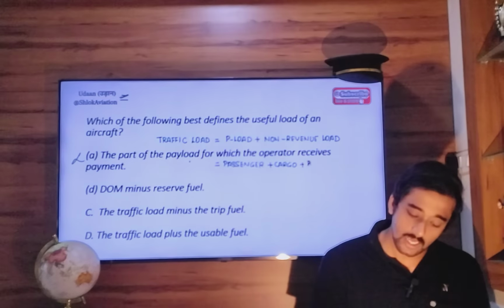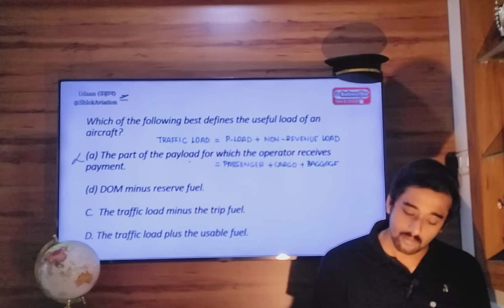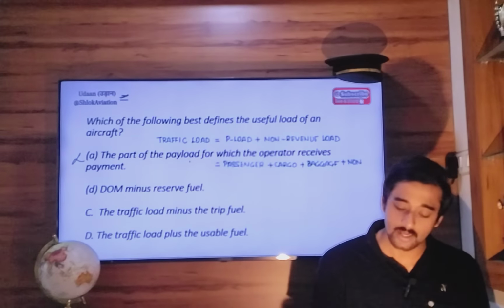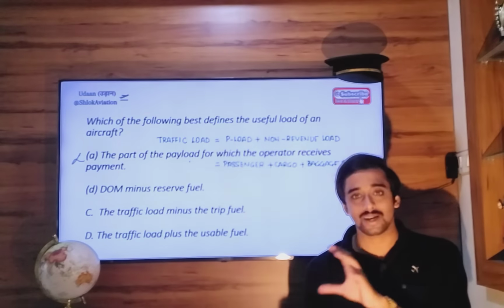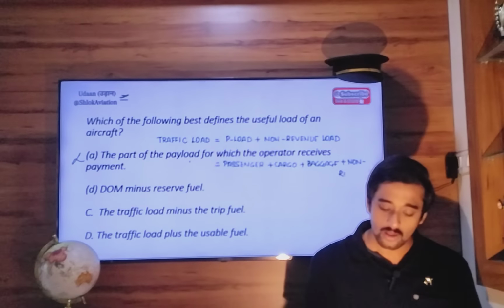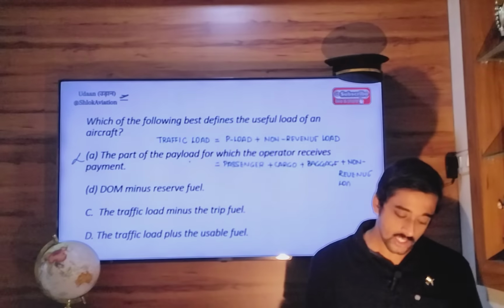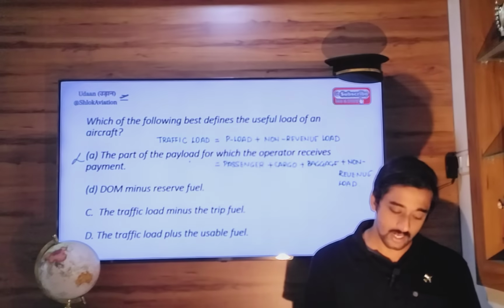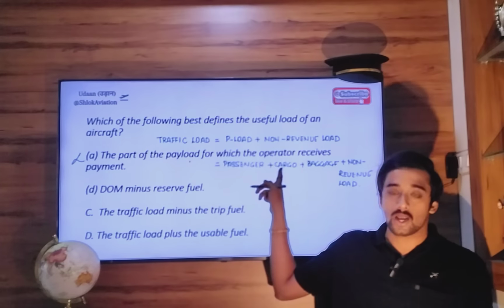Okay, so these three things will generate revenue for your commercial aircraft company. But the non-revenue load that your aircraft is carrying in the cargo section, maybe this load belongs to the company itself, so the company won't charge itself, right? So non-revenue load will not generate any revenue for the company. Okay, so the part of the payload for which the operator receives payment is this payload: passenger, cargo, baggage.